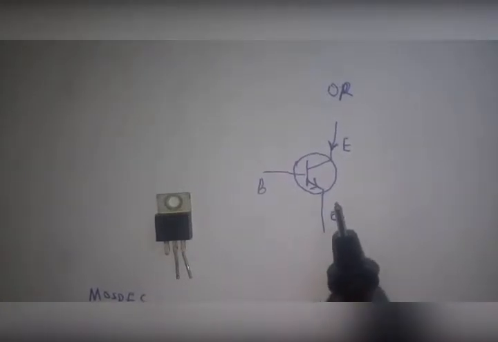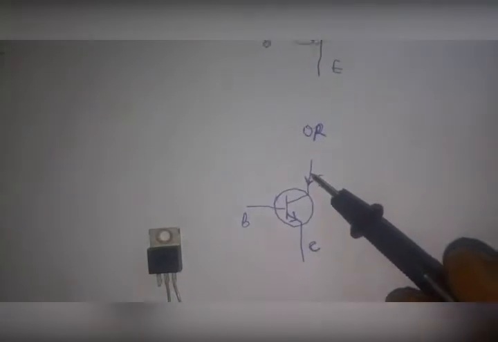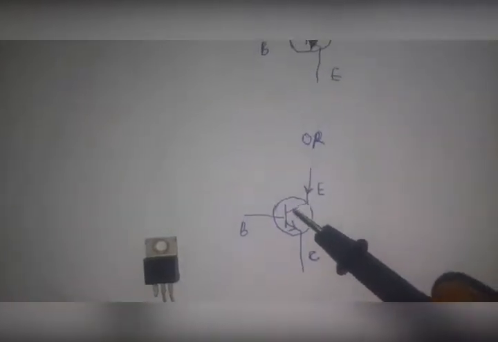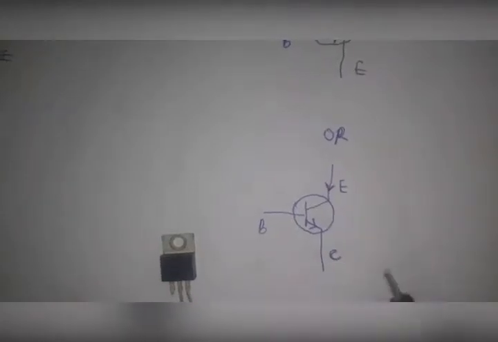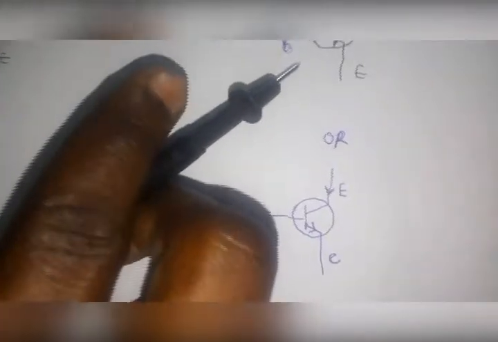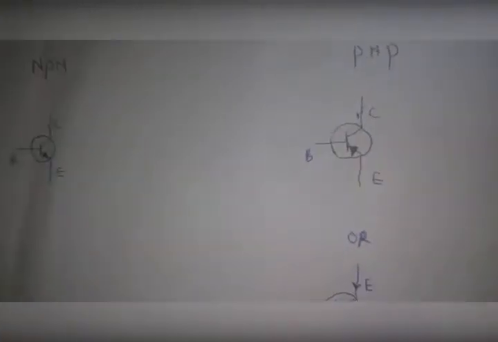You can see here that the emitter is placed at the top. That is, the voltage will enter through the emitter and go out through the collector, the same way that was explained above. So let's try and see how to test a transistor.